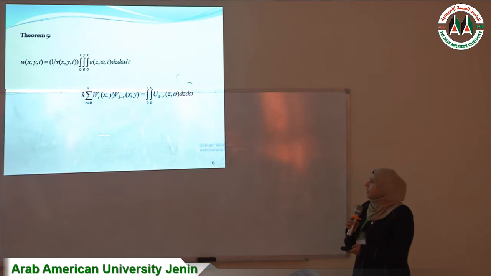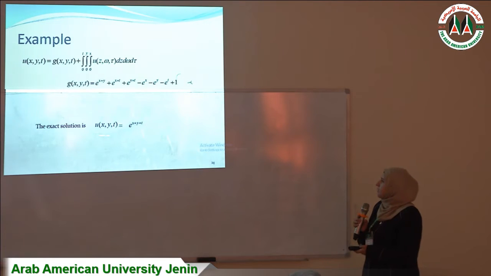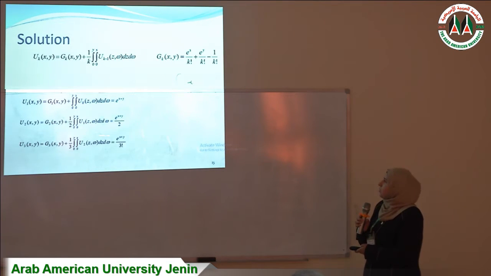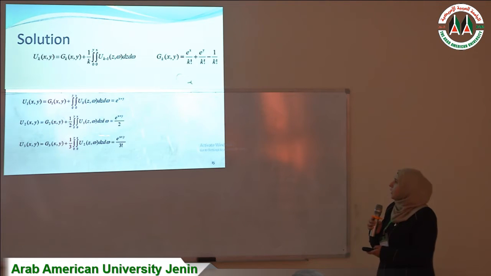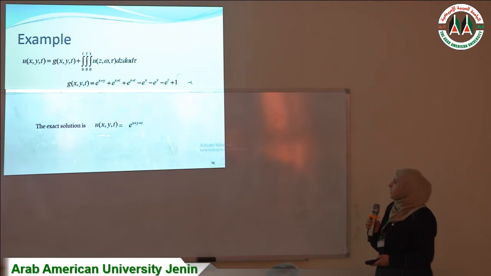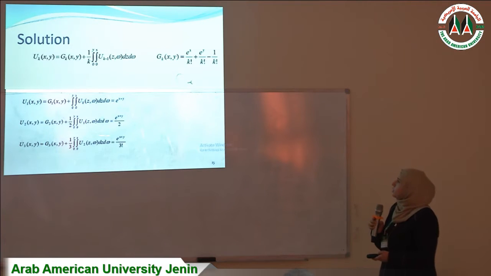we solved many examples. One of these examples is this one: u equals g plus a triple integral, where g is given by this formula, and the exact solution of it is e to the power x plus y plus t. Using the theorems we proved, we can convert the Volterra integral equation to its reduced form, and also convert the function g to its reduced form.